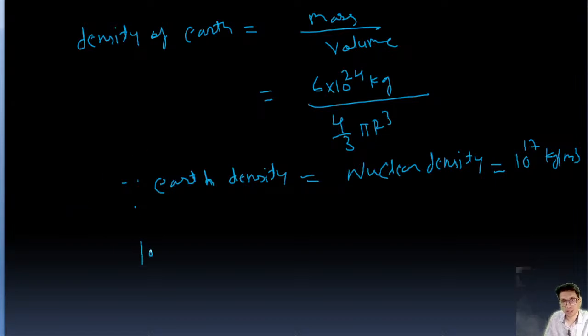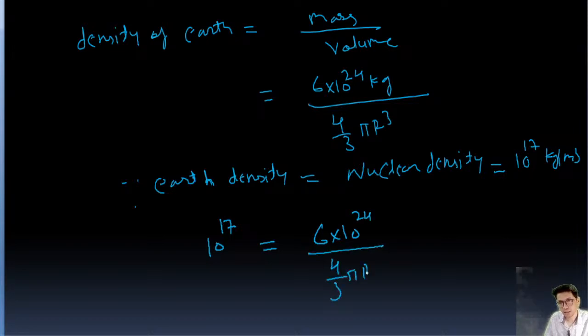Now we'll put the value. 10 to the power 17 is going to be equal to 6 into 10 to the power 24 upon 4 by 3 pi r cube.